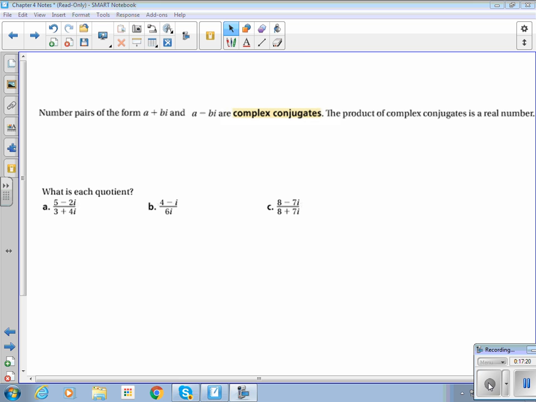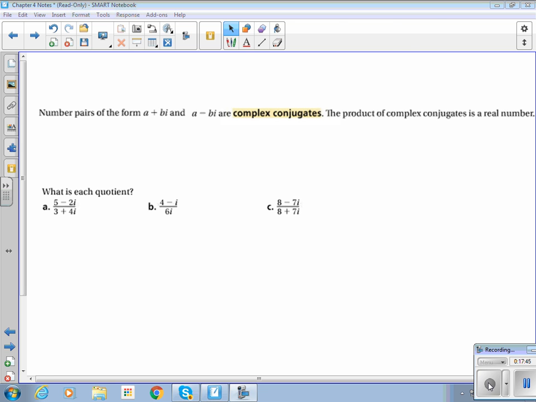So in math, they do not like i's in the denominator. So in instances like a, b, and c, when we see i's in the denominator, we're going to multiply the top and the bottom by the complex conjugate to get a whole number denominator.